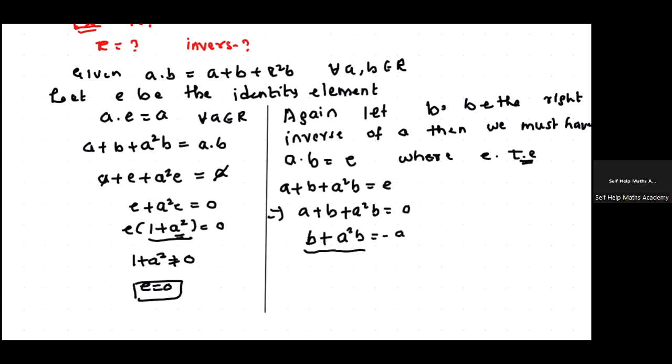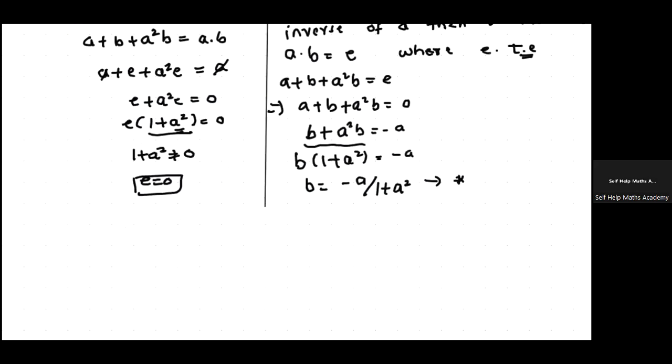So I am left with B times 1 plus A square, which is equal to negative A. I want B, so dividing both sides by 1 plus A square, I'll get B is equal to minus A upon 1 plus A square. Let me mark this with a star. So this is our right inverse. B is equal to minus A by 1 plus A square. Let me highlight this. This is our right inverse.